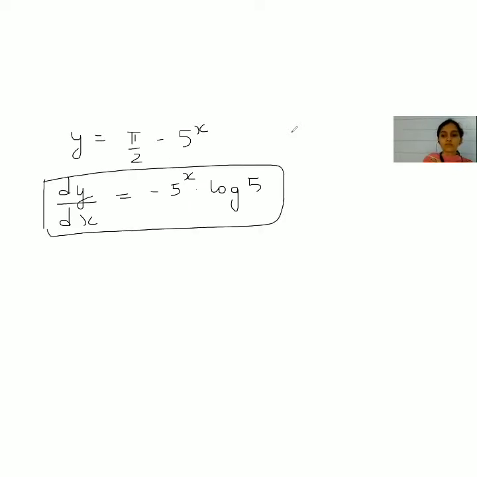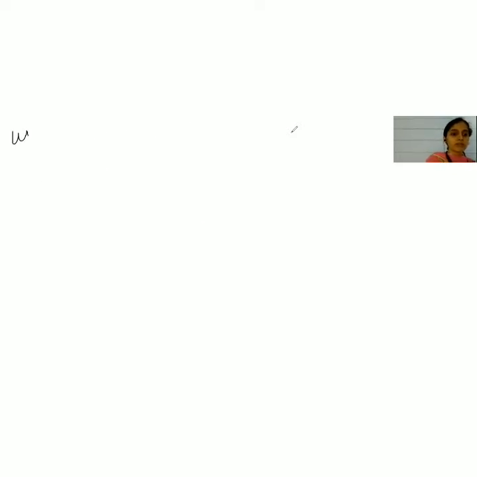Okay, let us move to the next one, the third question. The third question reads as cos inverse of y is equal to cos inverse of root of 1 plus cos x upon 2.